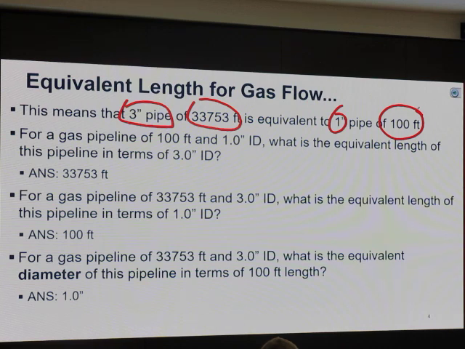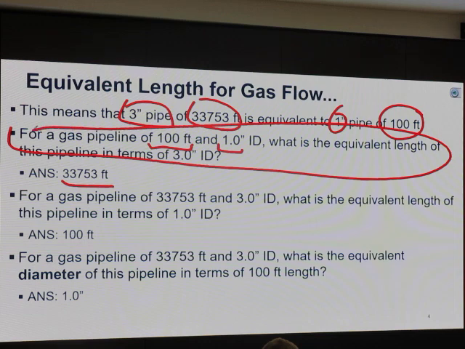So for a gas pipeline of 100 feet and 1-inch ID, what is the equivalent length of this pipeline in terms of 3-inch ID? The equivalent length will be that much. Okay. Be careful with this wording. Be careful with this wording.